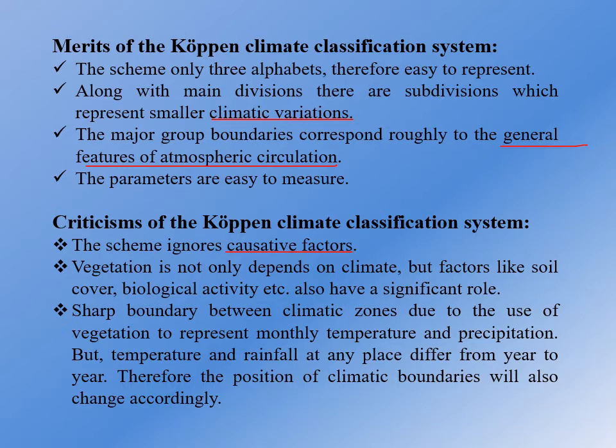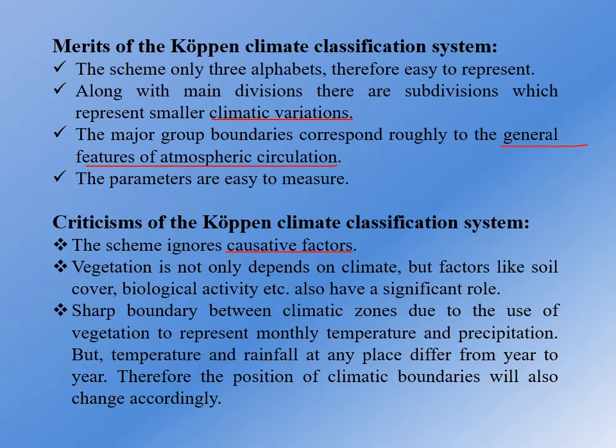So although two areas at the same latitude may have the same climatic condition, because of their different soil cover or different biological activity, those two areas having the same latitudinal condition may have different vegetation. So Köppen does not take into account those factors.